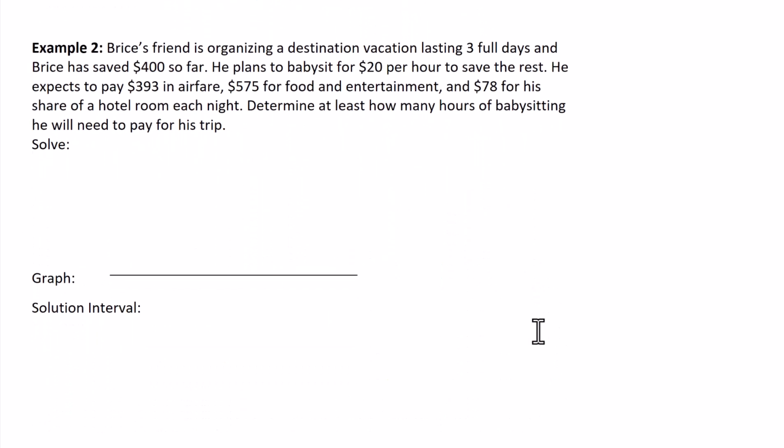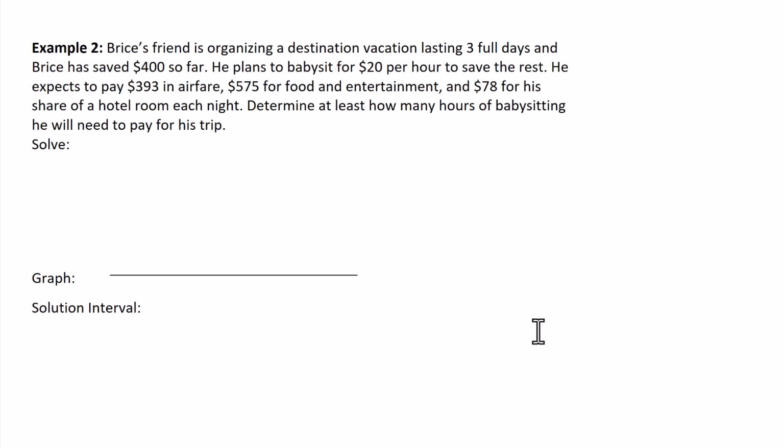In example 2, we have Bryce's friend is organizing a destination vacation lasting 3 full days, and Bryce has saved $400 so far. He plans to babysit for $20 per hour to save the rest. He expects to pay $393 in airfare and $575 for food and entertainment, and $78 for his share of a hotel room each night.